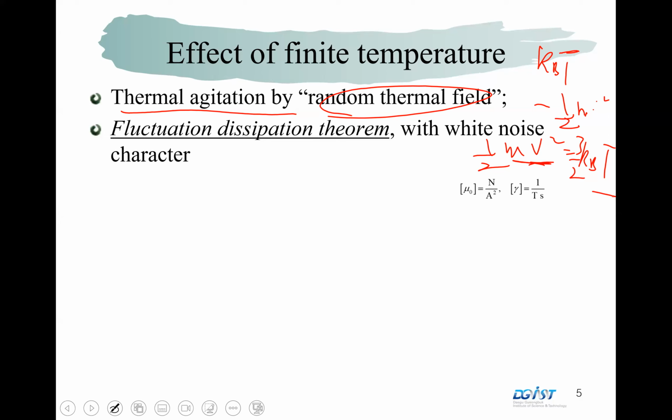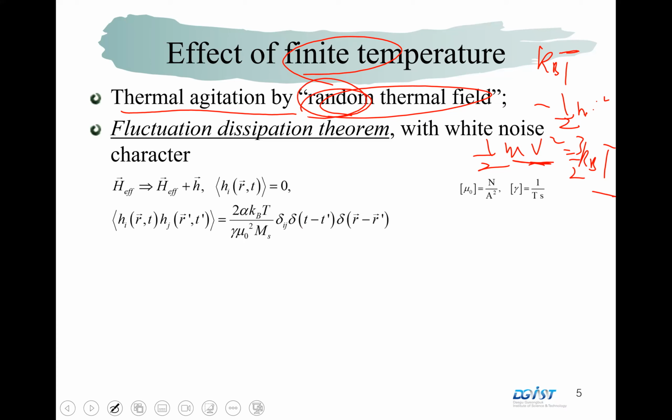So temperature means all particles in this system are moving, and this motion is purely random. So we can obtain the thermal field from the fluctuation dissipation theorem.